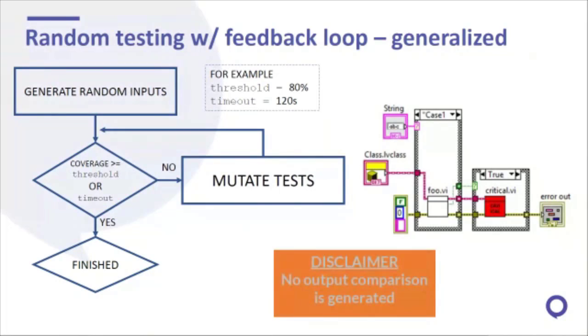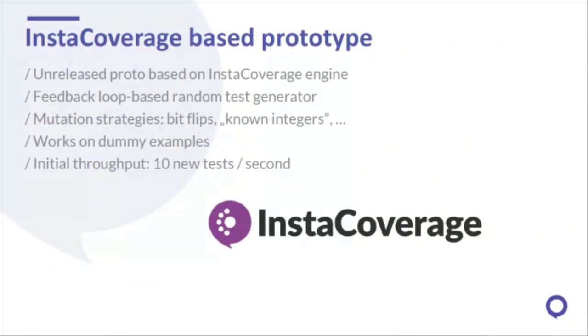So we don't check if the error out should have a code inside, or should be true or false. It's really up to the user to do it. So it's out of the scope of this technology or approach.